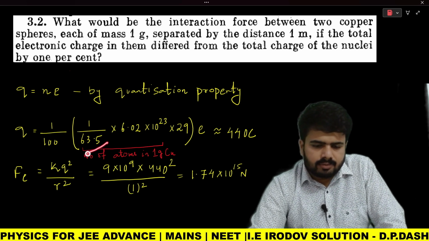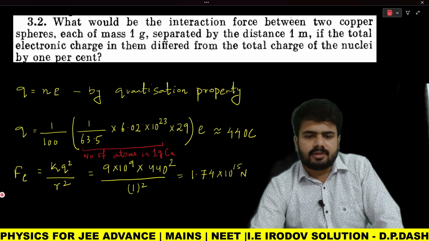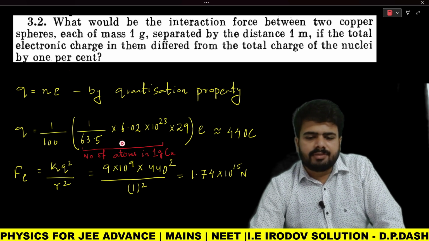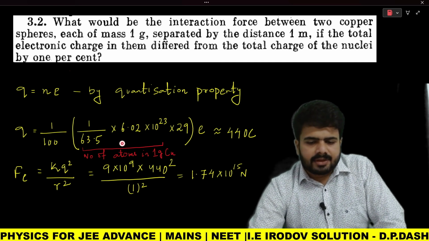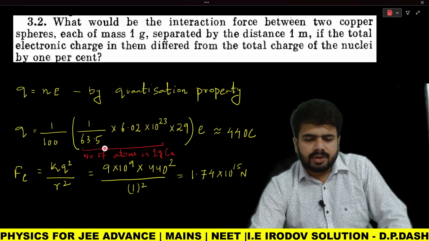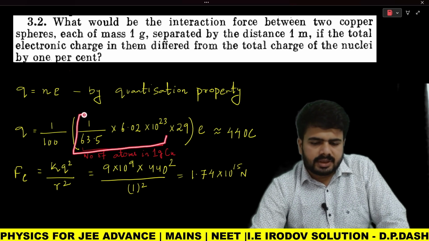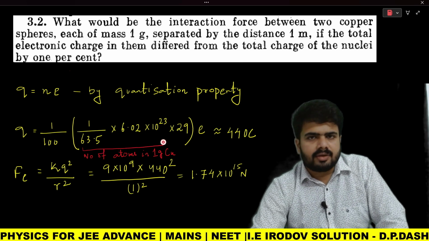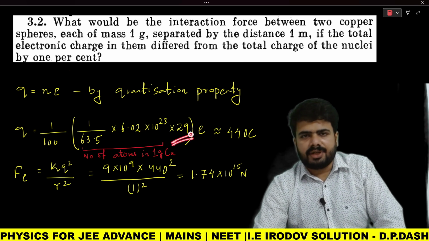So the number of moles I have calculated is 1 by 63.5, multiplied by Avogadro's number, that will give me the number of atoms. In one atom of copper, how many electrons or how many protons are there, you can simply multiply by its atomic number.